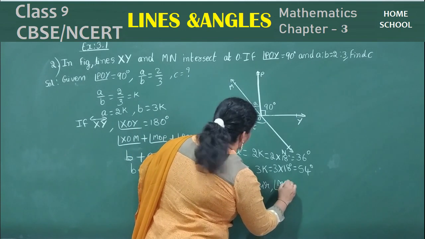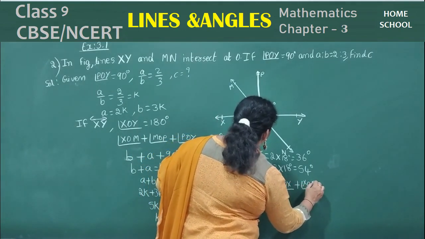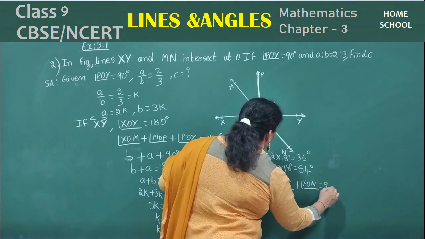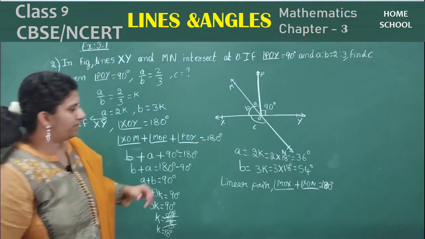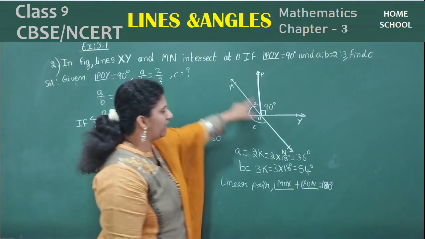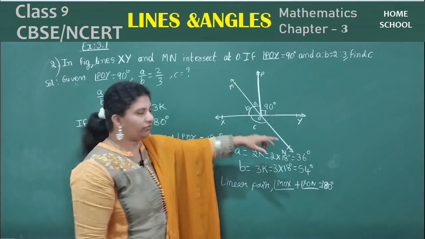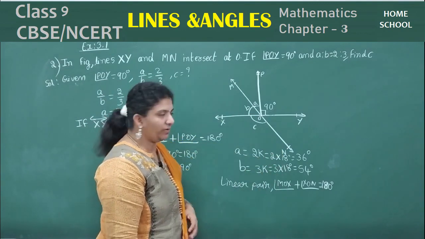Angle MOX plus XON is equal to 180 degree. Okay. So observe here children, linear pair. Line MON is equal to 180 you can take, or angle MOX plus XON is equal to 180.